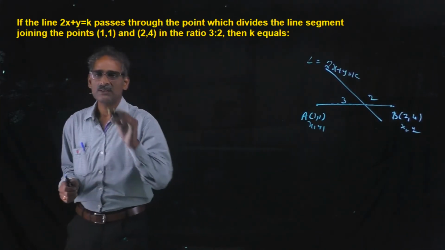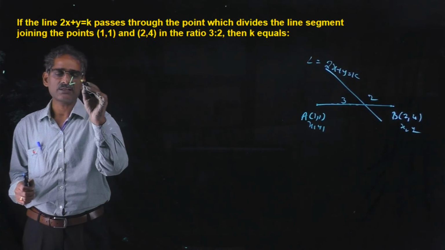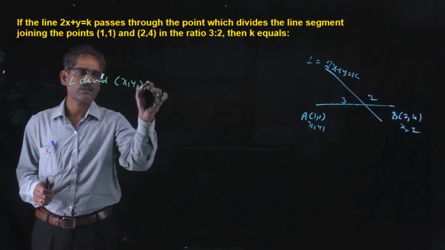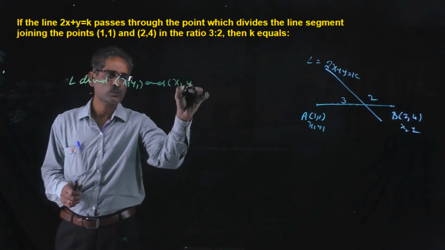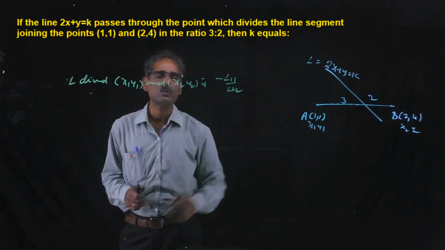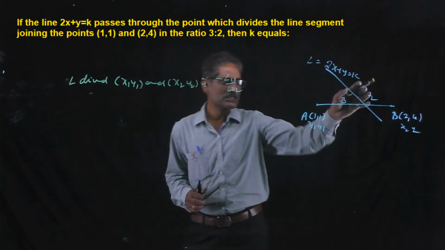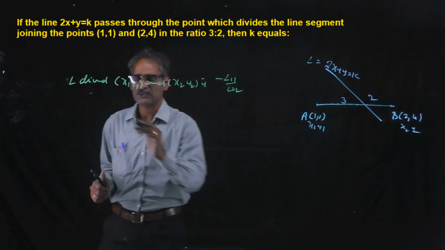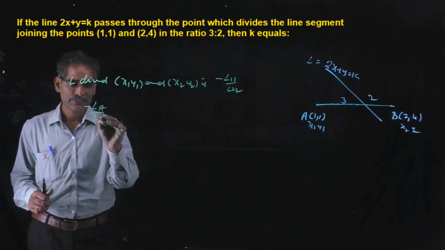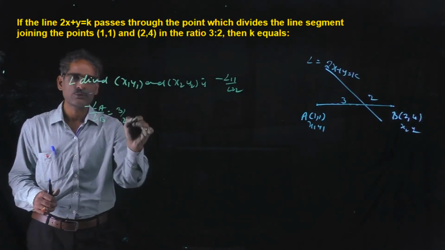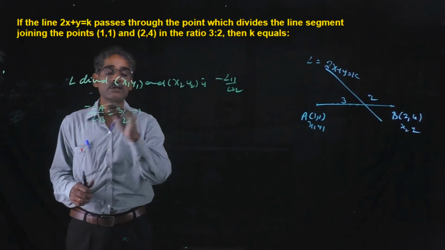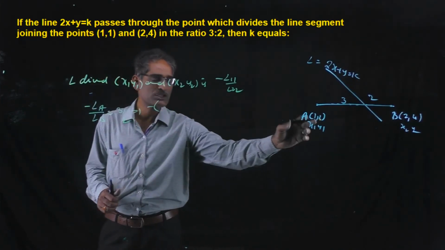Here the ratio in which the line divides the segment joining (x1, y1) and (x2, y2) is minus L11 by L22. Here this line is dividing AB, so minus LA by LB is equal to 3/2. LA means L11, the value of line L at this point.